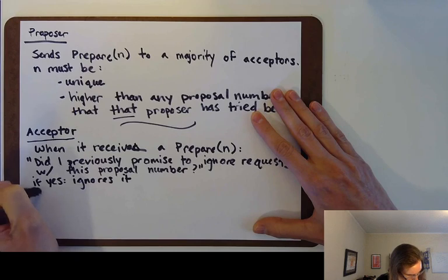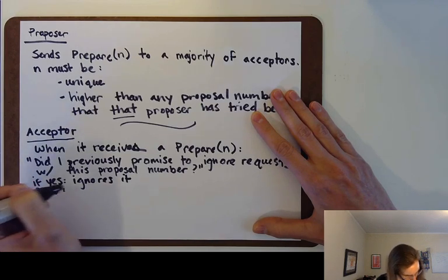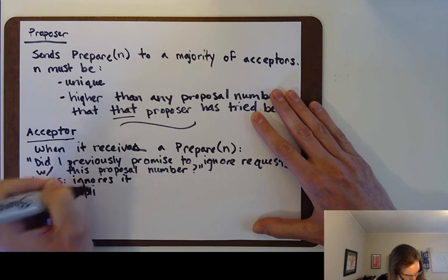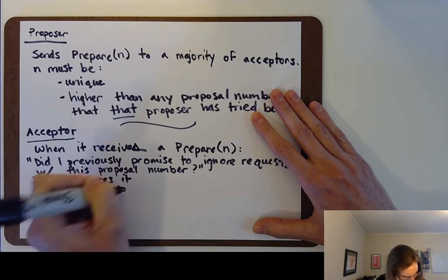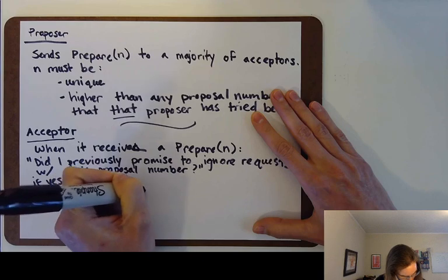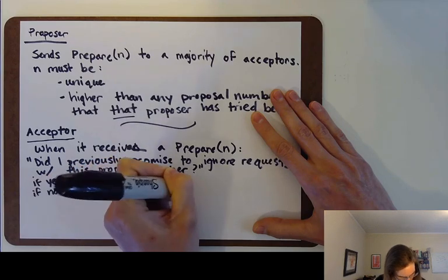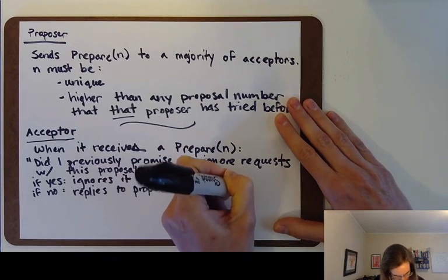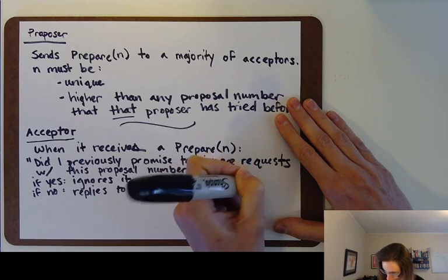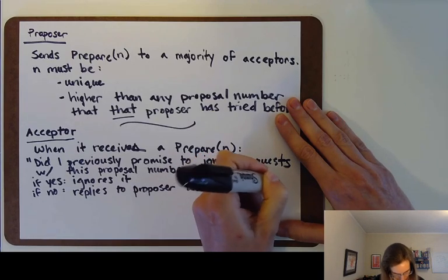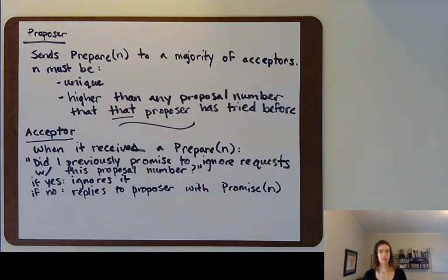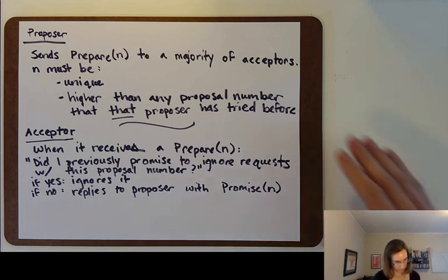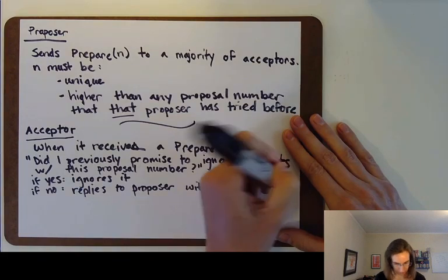If no, it replies to the proposer with promise n, which means I promise to ignore requests with a proposal number lower than n. This was our first asterisk. So we'll come back to that.